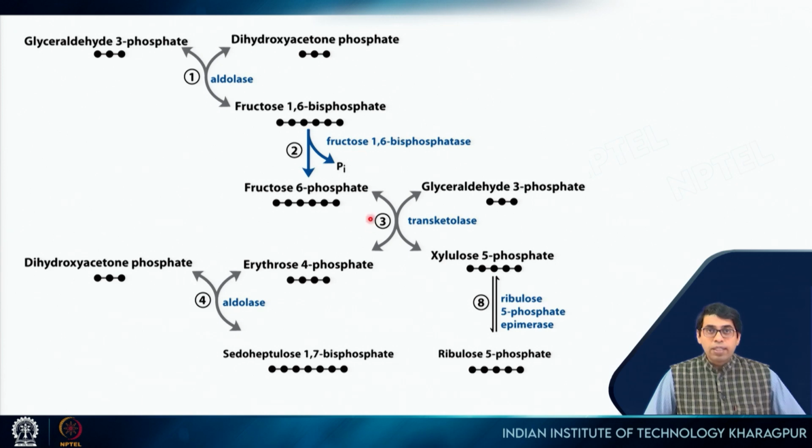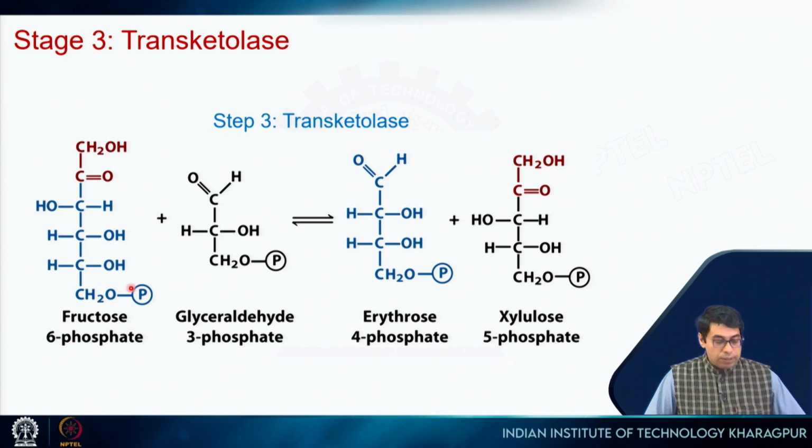So let's look at some of these steps a little more carefully so that we can look at the actual structures of these molecules. If we look at this step 3, fructose 6 phosphate and glyceraldehyde 3 phosphate. So this is fructose 6 phosphate, 1, 2, 3, 4, 5, 6 carbons, and this is glyceraldehyde 3 phosphate.